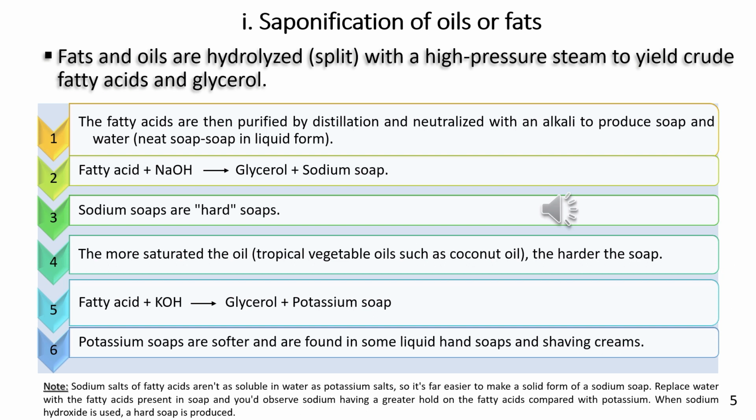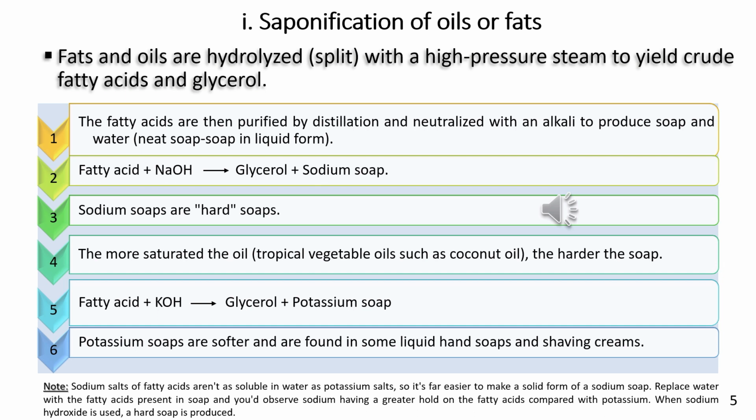Fatty acids are formed when oils and fats are hydrolyzed or split up at high pressure with steam, yielding crude fatty acids and glycerol.